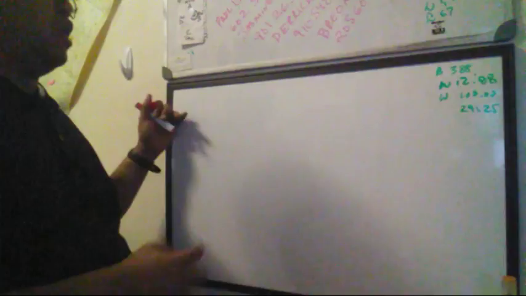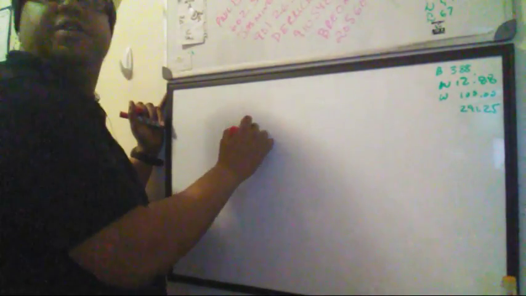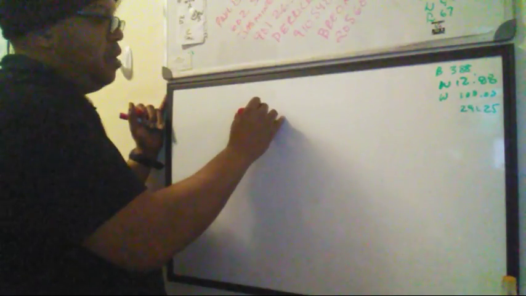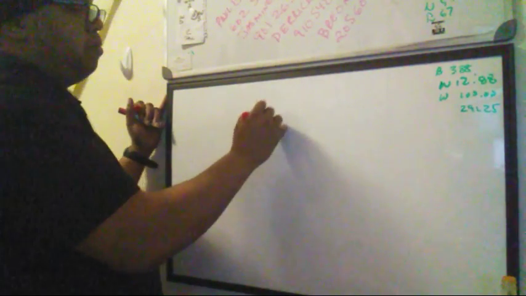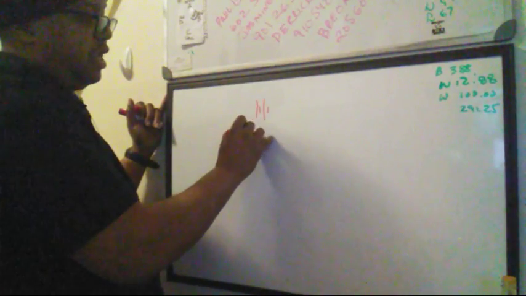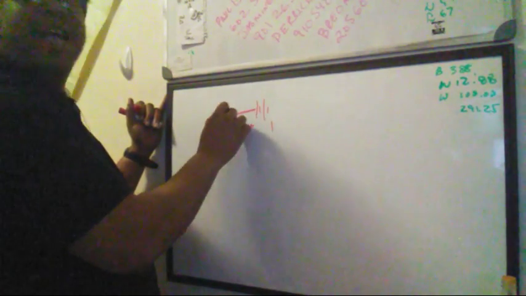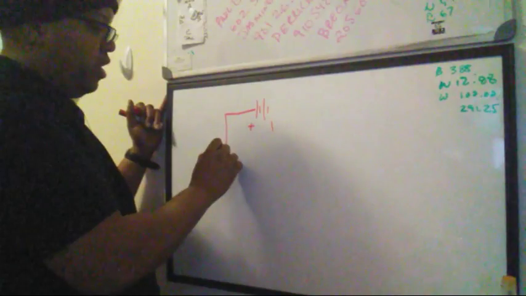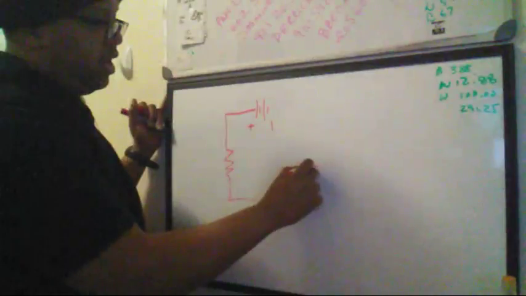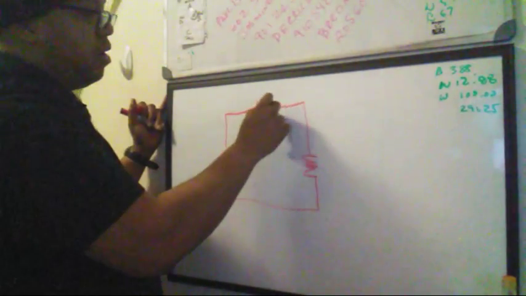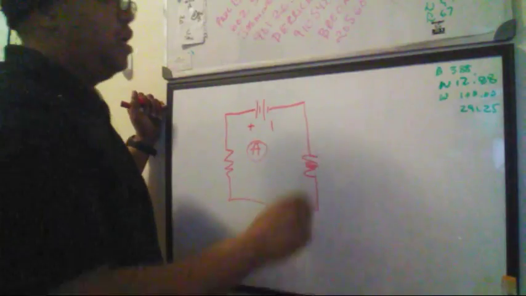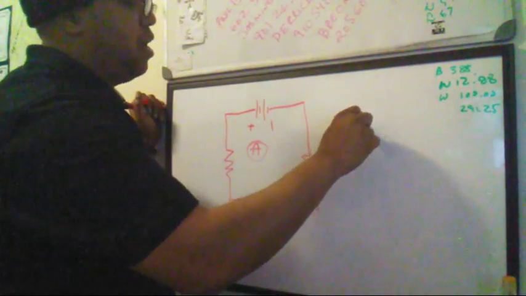It would be circuit A. What they have here, folks, is a battery, or a voltage source, and a resistor here and a resistor here. That is circuit A, and that is in series. Then they have a circuit in parallel.